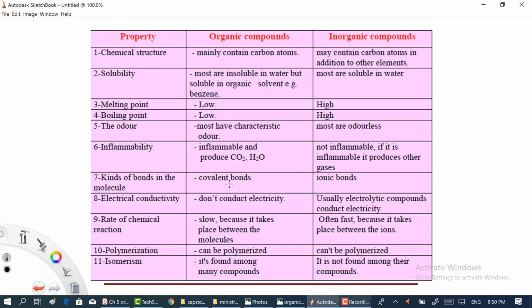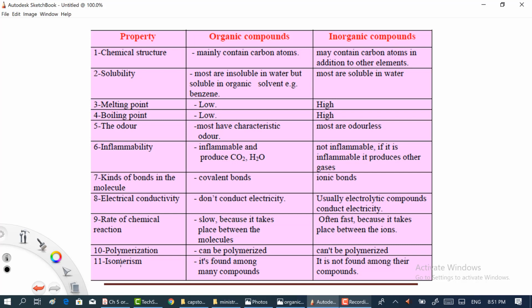The kind of bond is covalent in organic compounds, while most inorganic compounds are ionic. Electrical conductivity: organic compounds are bad conductors of electricity, while usually electrolytic inorganic compounds conduct electricity. The rate of chemical reaction: since organic compounds have covalent bonds, most have a slow rate because it takes place between molecules, but inorganic reactions are often fast because they take place between ions.